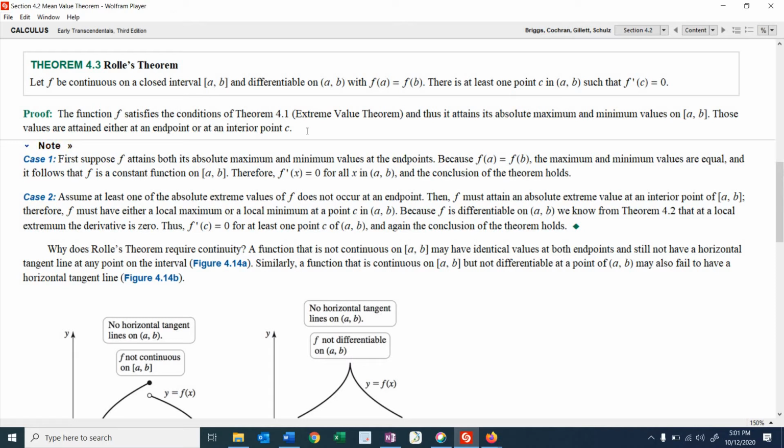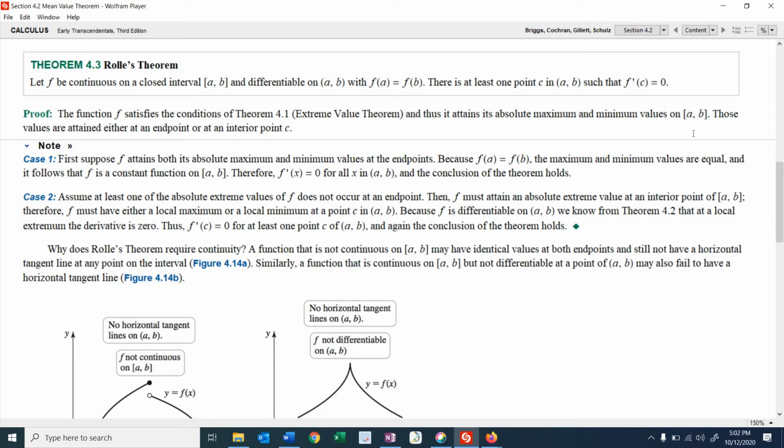So to prove this theorem, we're going to break it up into two cases. The first case is the case where f attains both its absolute maximum and minimum values at the endpoints. So without loss of generality, let's assume that the left endpoint is the location of the absolute minimum.